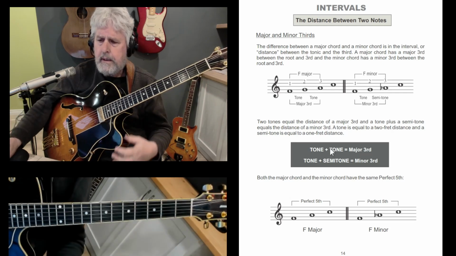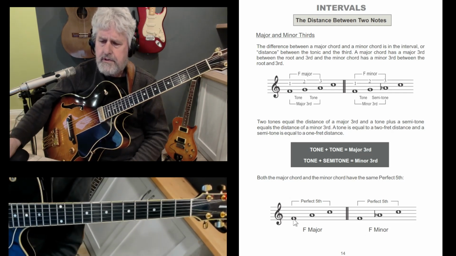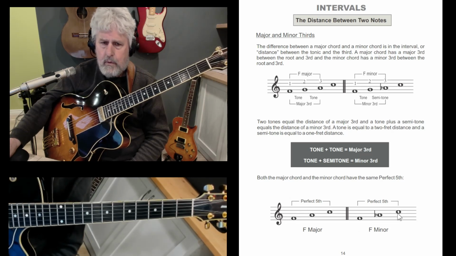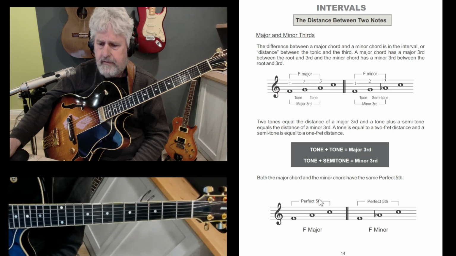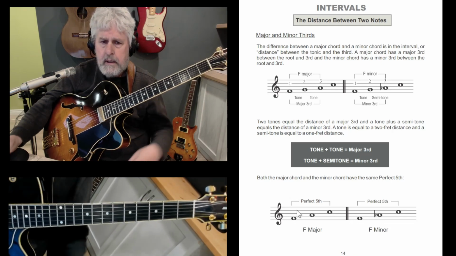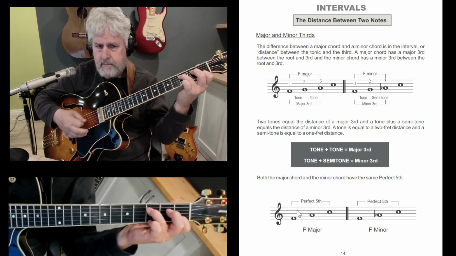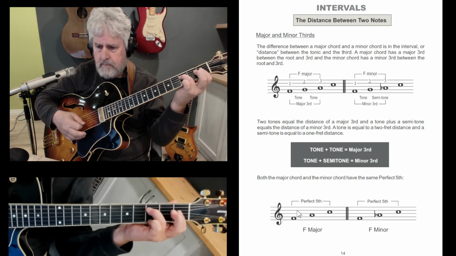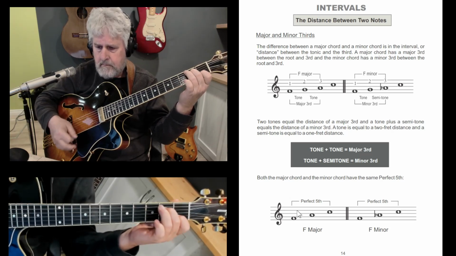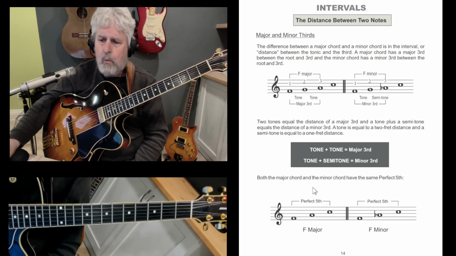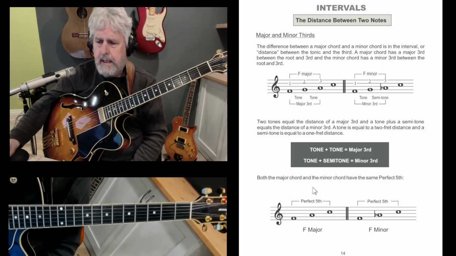All right, on the outside of this chord, the outside interval in the major chord and the minor chord is still going to be a perfect 5th in root position. So perfect 5th. Okay, so there's only that 1 note moving to make it a minor chord.